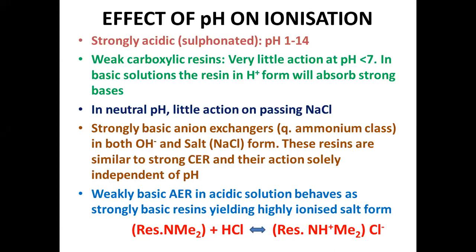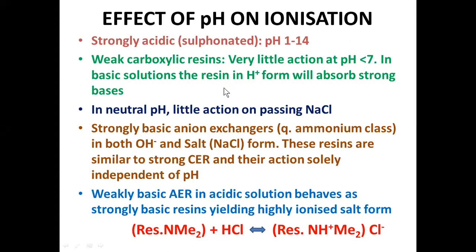There is no stipulation for whichever resin, whether cationic or anionic: pH from 1 to 14 is recommended for whether cation exchange resin or anion exchange resin you are going to use for the separation process.